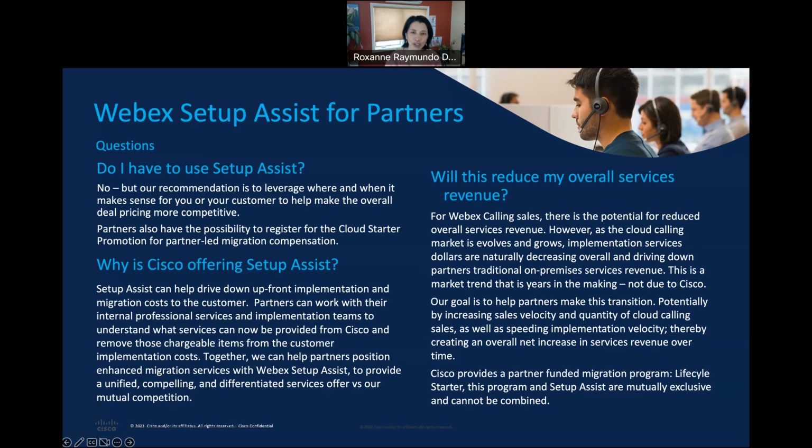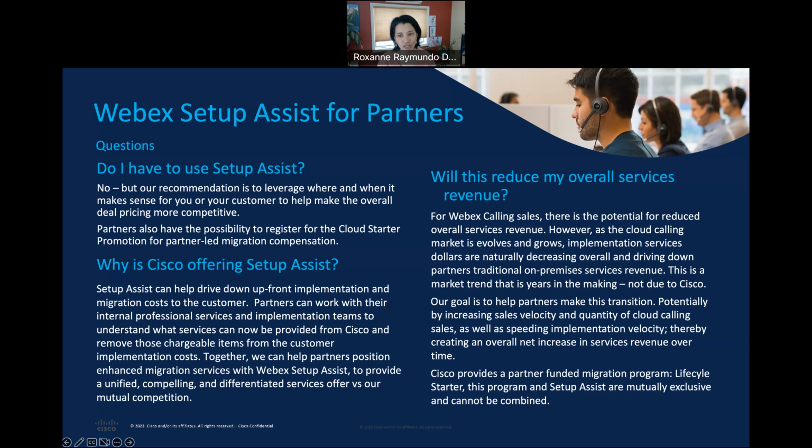Will this reduce my overall services revenue? For Webex calling sales, there is a potential of reducing your overall services revenue. However, as the cloud calling market is evolving and growing, implementation service dollars are already naturally decreasing and driving down what partners are making versus traditional on-premise services revenue.